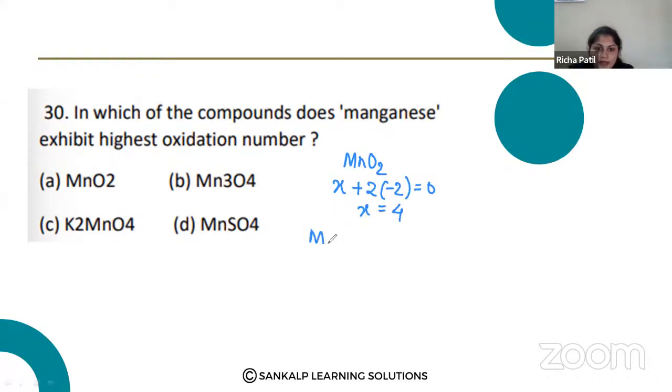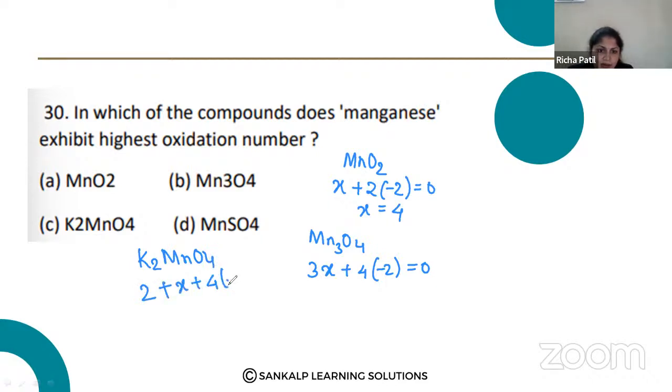Then Mn3O4, please solve: 3x plus 4 into -2 equals 0. Substitute this. Then K2MnO4: 2 plus x plus 4 into -2 equals 0.